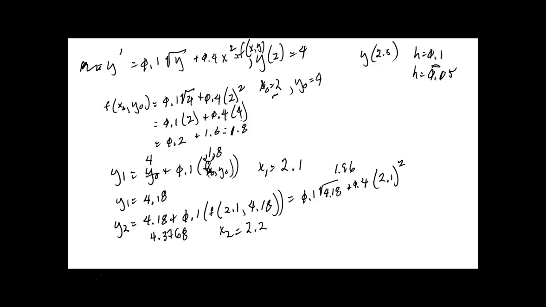Now, they show in the book, 2 was 4. We knew that. That was original. 2.1 was 4.18. We had that. 2.2 was 4.3768, exactly what Matt got. And then you do 2.3 and you get 4.5914.